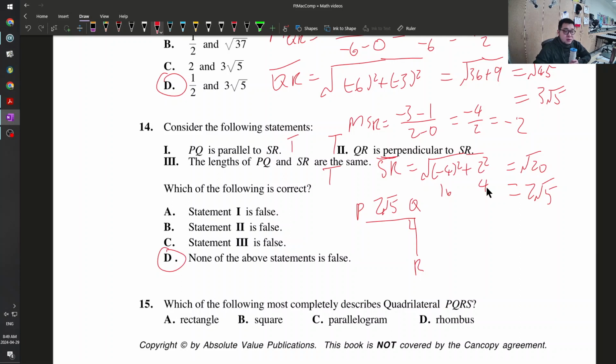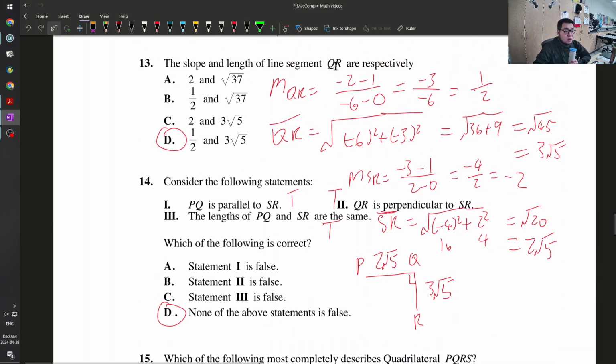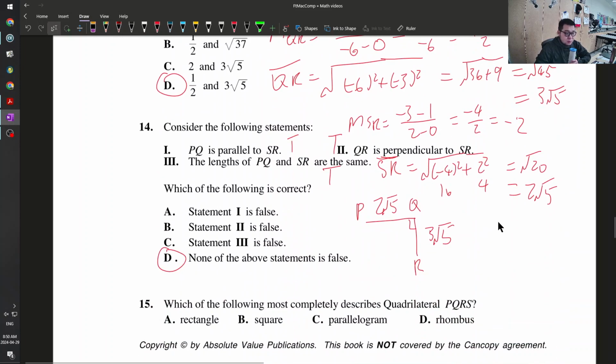Okay, and the length is √45, or sorry, 3√5. And then we also know that QR is parallel to SR, because this one's length is 2√5, and it is also perpendicular.